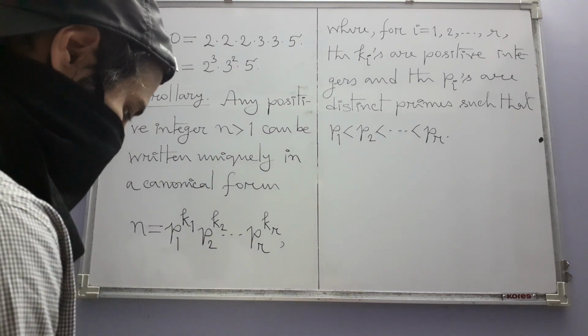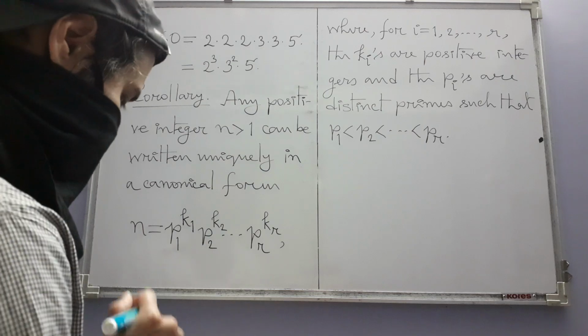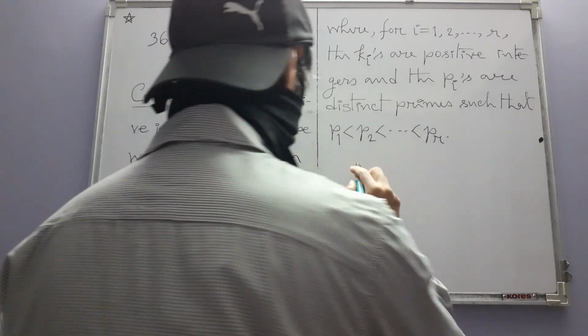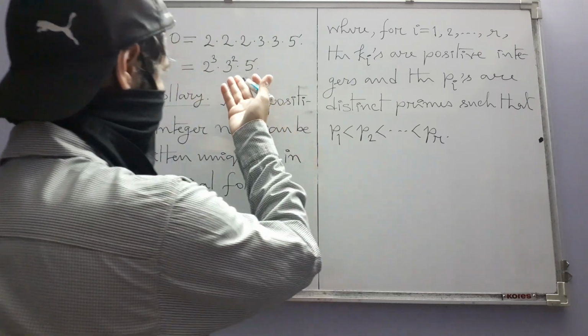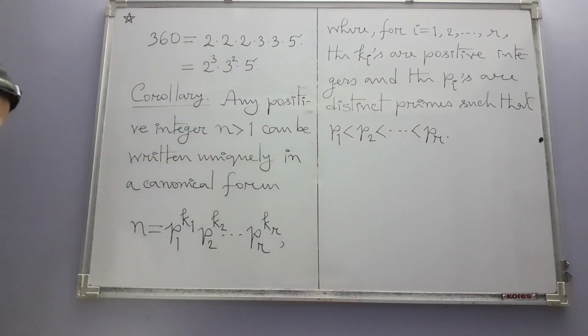Now, some other examples are also given of such factorization. Well, 360 we have already written in canonical form.